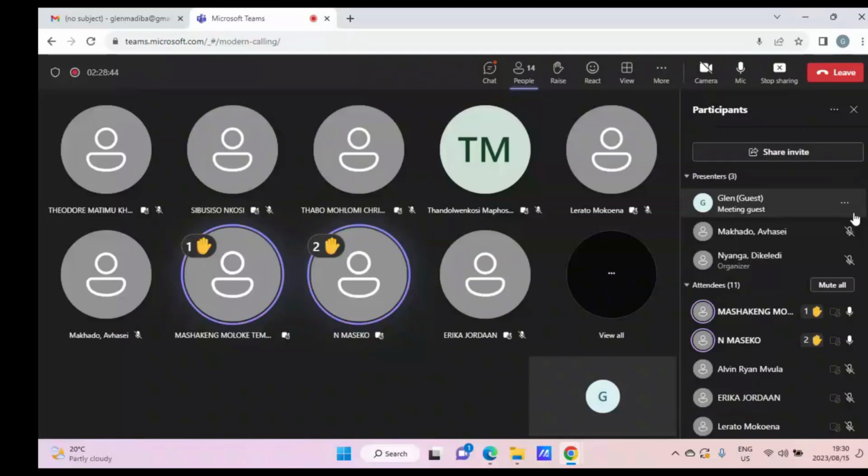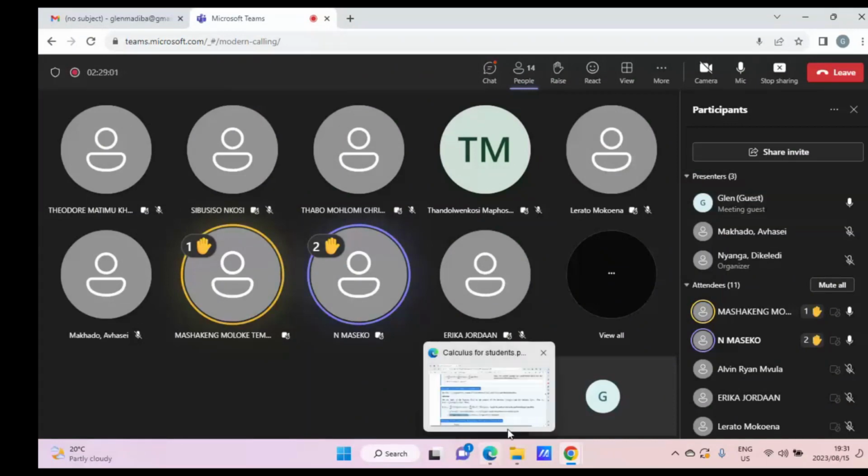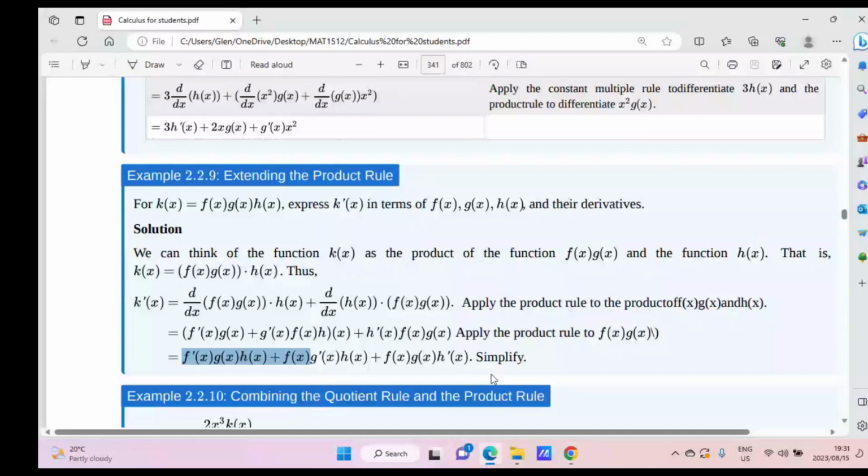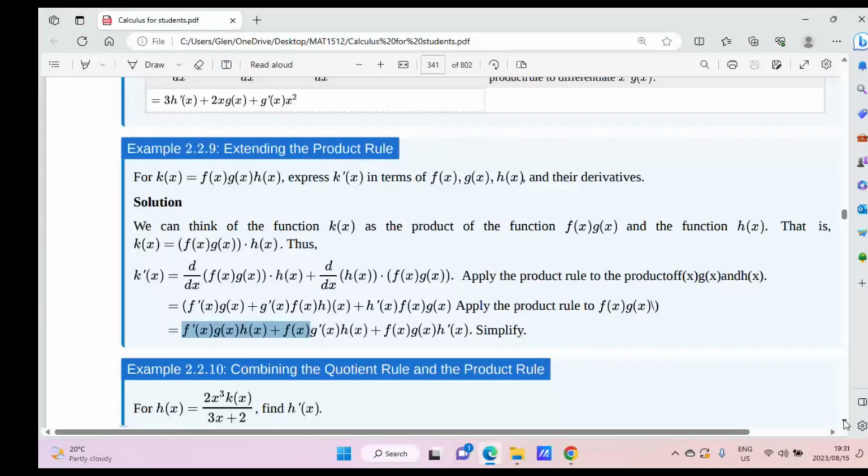Then, Ndomeso. Sorry, sir, just two questions. The first one is just to confirm, you say we email our things to Ms. Tikeledi, yes? Okay, and then my second one is, I just want to make sure that I wrote down the question correctly. It's h of x is equal to... Where is that? This one.